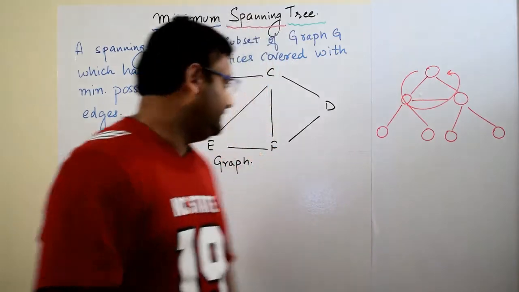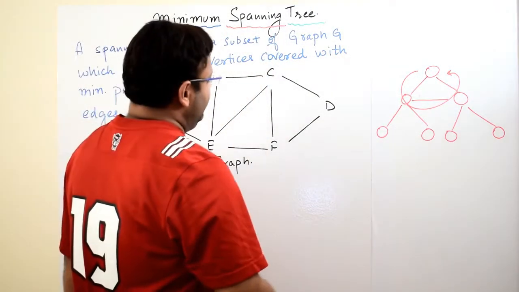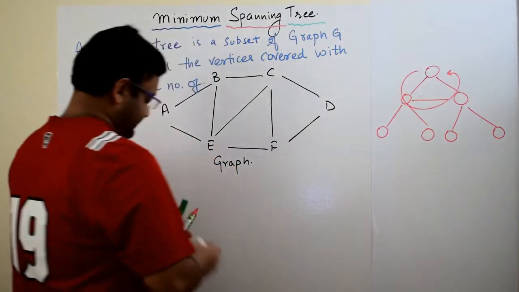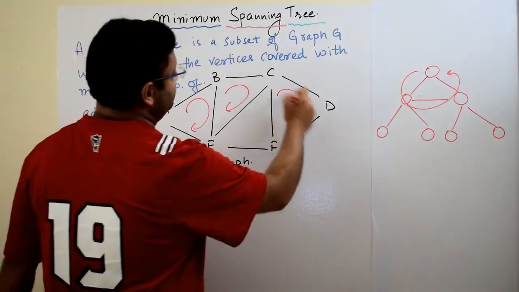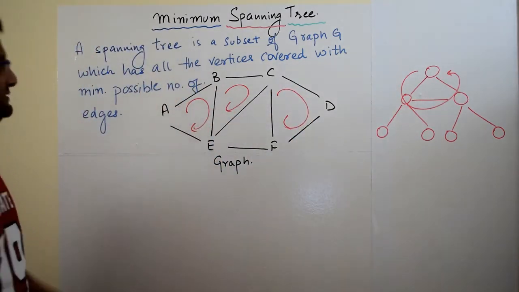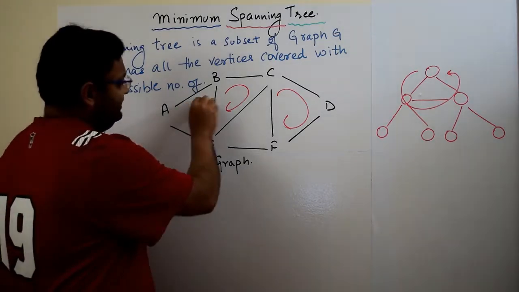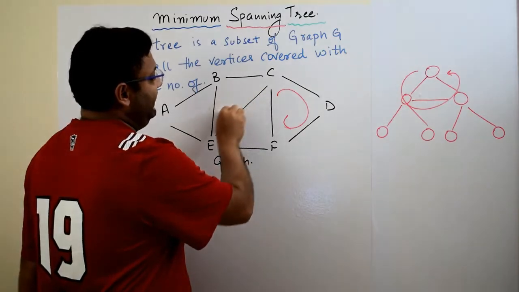Okay, let me explain with an example. So for example, this is your graph, right? Now, there are some cycles in it. You could clearly see this is one cycle, this is one cycle, this is one cycle, this complete one is one cycle, right? Now, how do you remove these cycles? The best approach is definitely by removing your unnecessary edges.